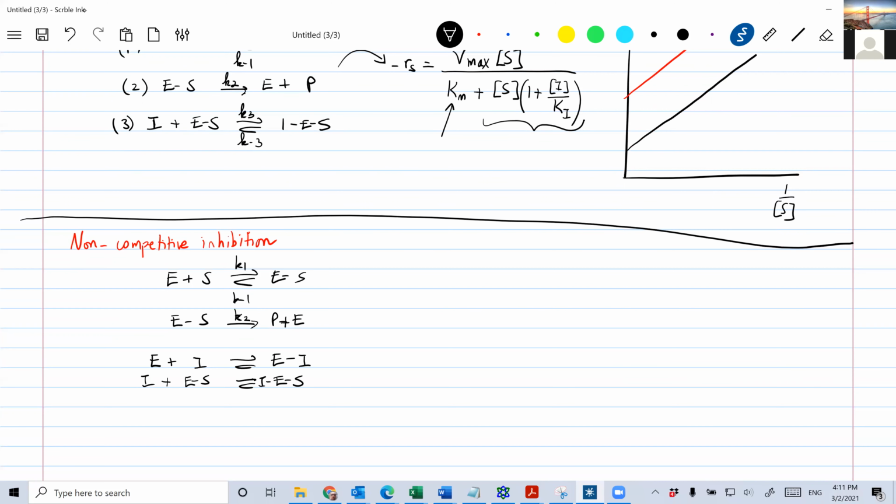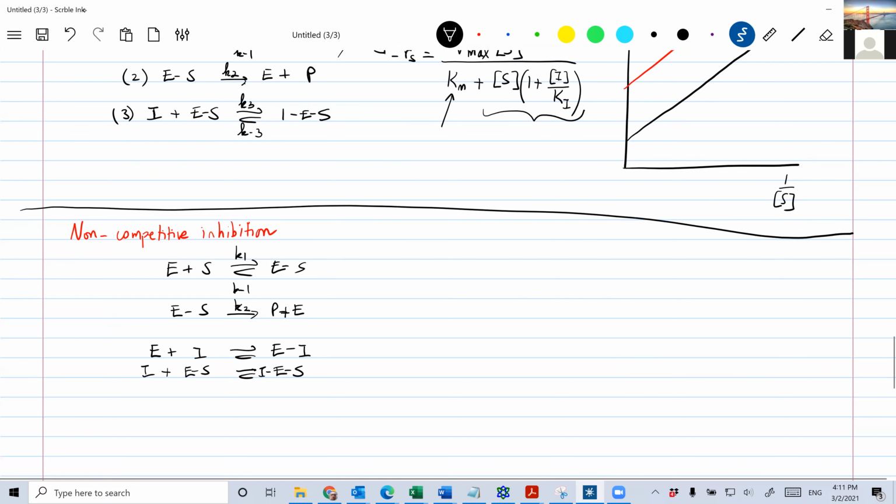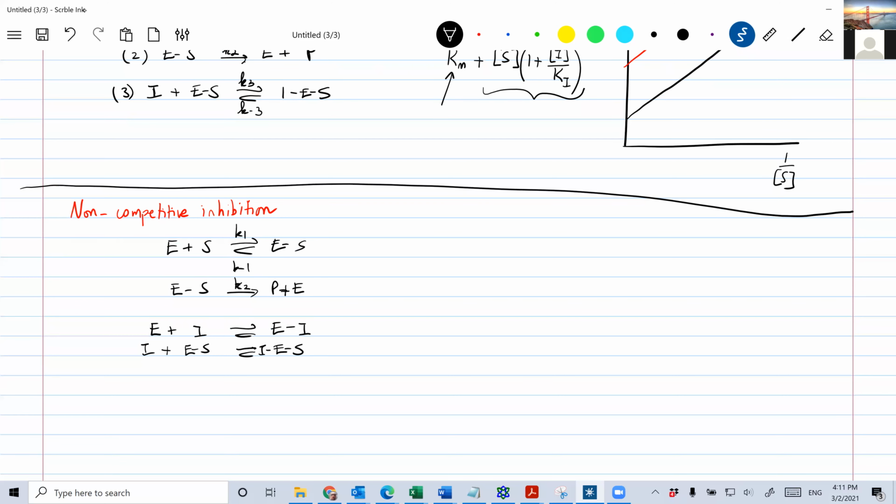And the inhibitor binds the enzyme, and the enzyme-inhibitor complex binds the substrate as well. So the enzyme-inhibitor complex also binds the substrate. So people often refer to this as mixed inhibition. So all these are inactive.